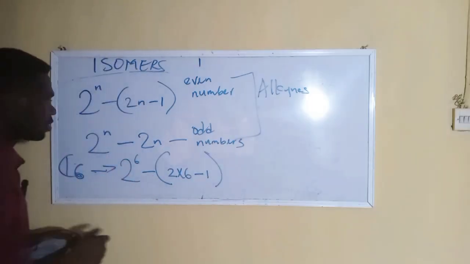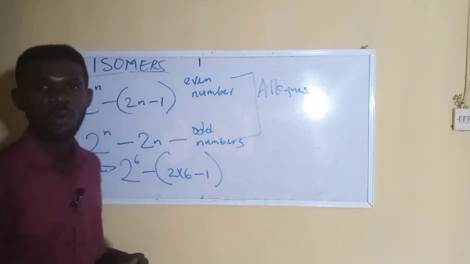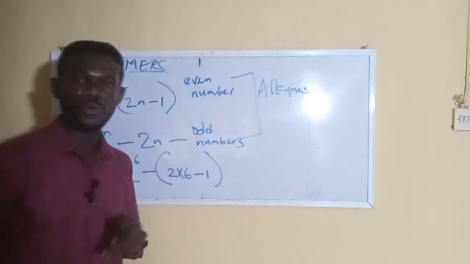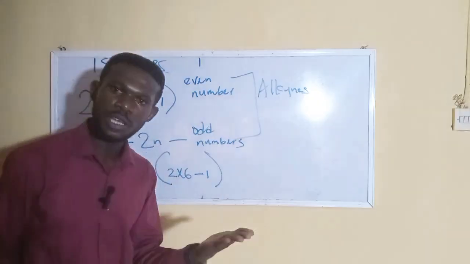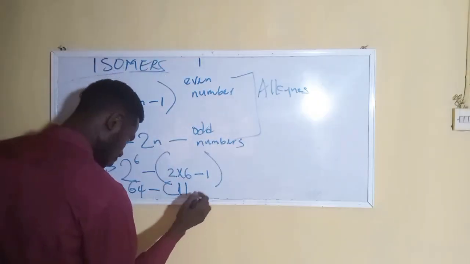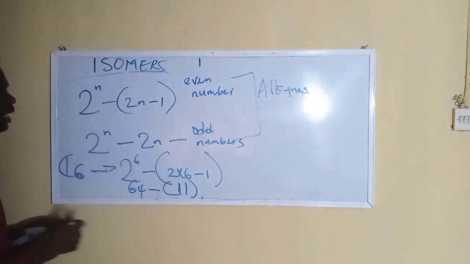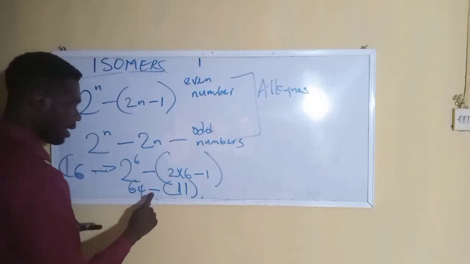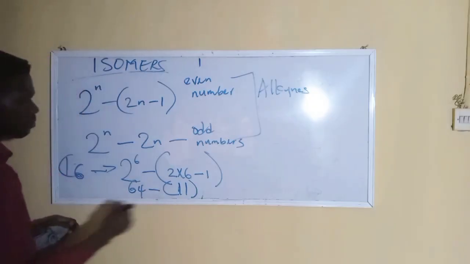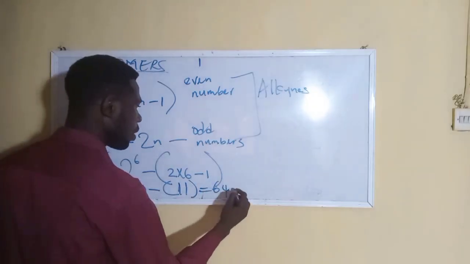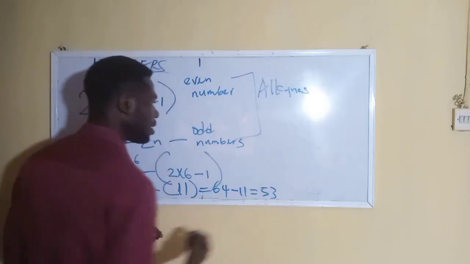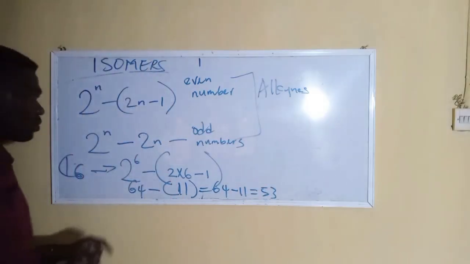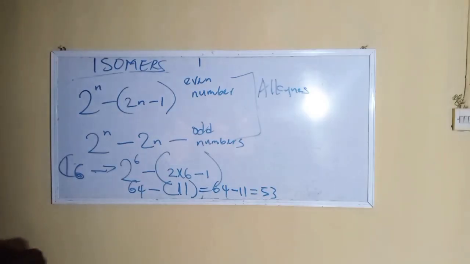So by reason of this, 2 raised to power 6, what will that give us? 2 times 2, 4, 4 times 2, 8, 8 times 2, 16, 16 times 2, 32, and 32 times 2 is 64. 2 times 6, 12, and 12 minus 1 is 11. So you have 11, and you close the bracket.